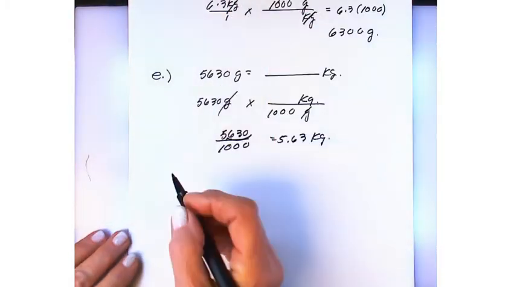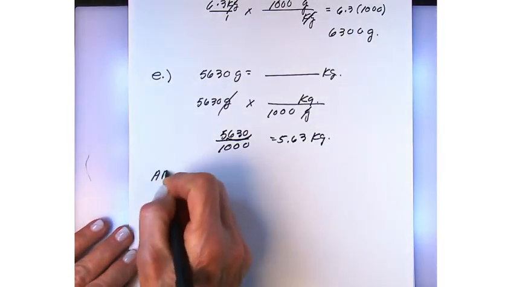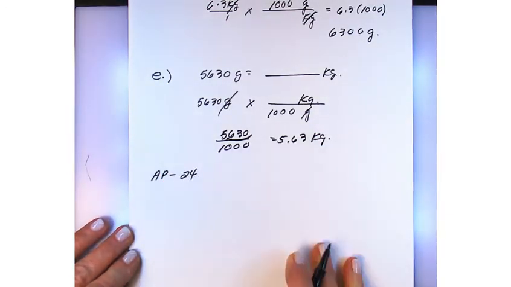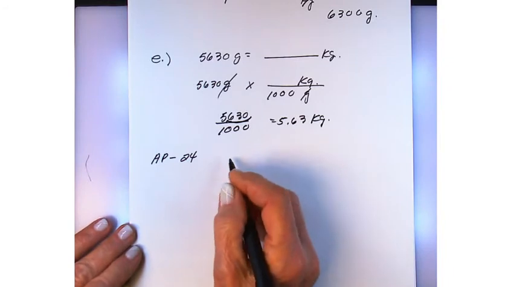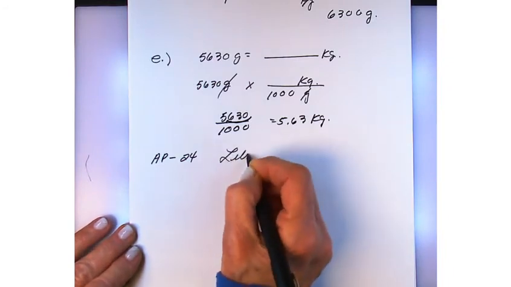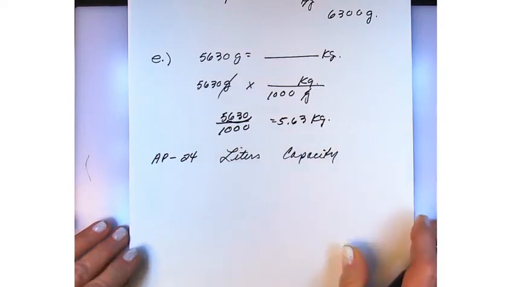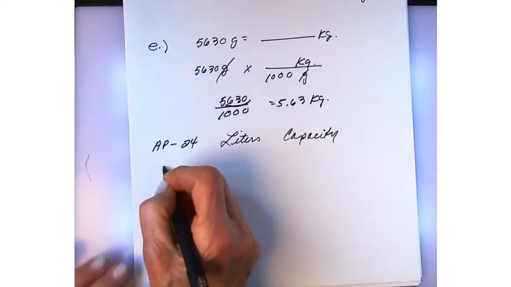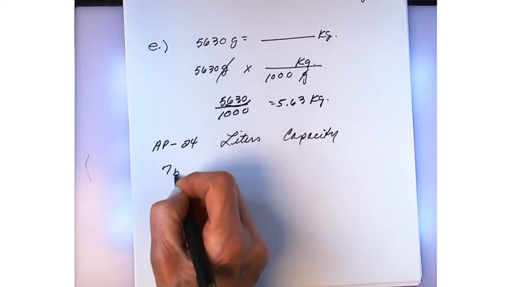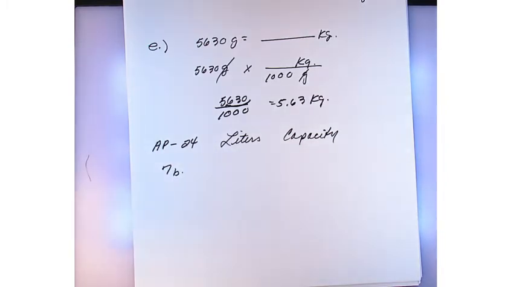Now, looking at page 24, we're on liters, which is capacity. Looking at 7b. 7b says, well, let's do 7a first.